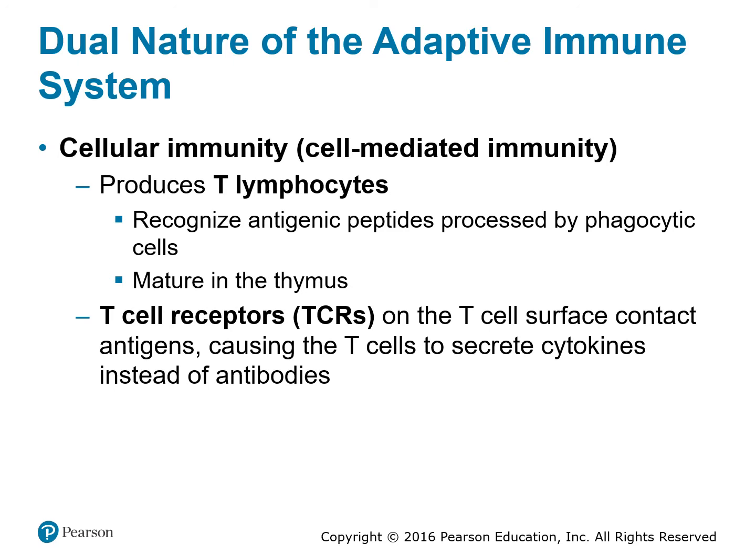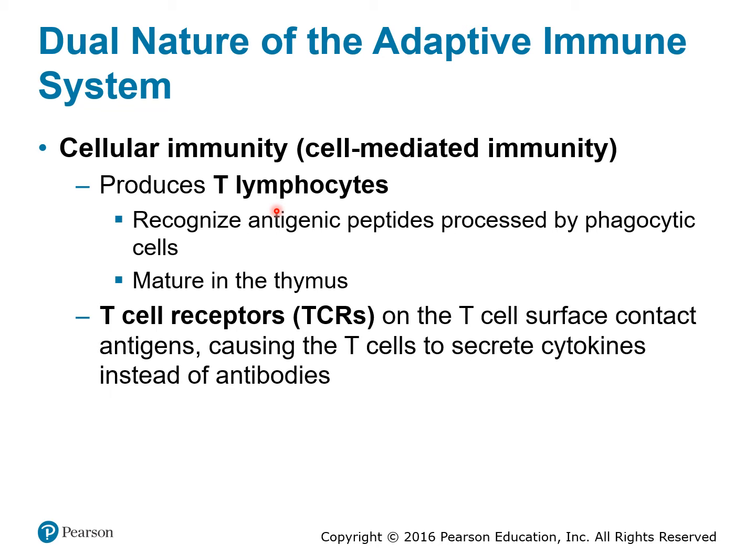The other part of our adaptive immune system, we refer to as our cellular immunity. And the cells that play a major role in our cellular immunity are our T lymphocytes. As we said earlier, we've got two major types of lymphocytes. We've got our B cells that produce the antibodies, and then we've got our T cells.